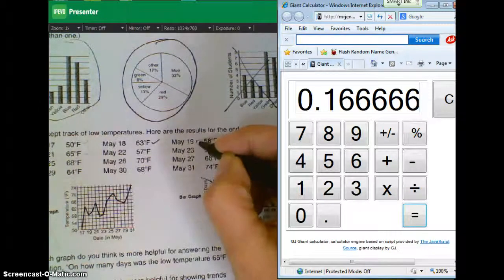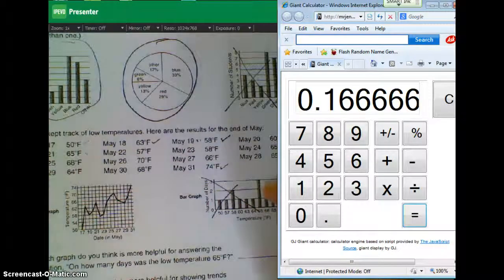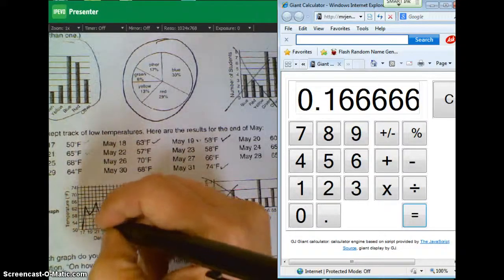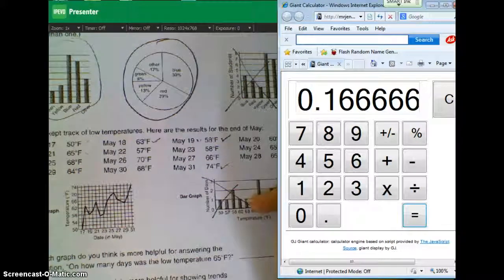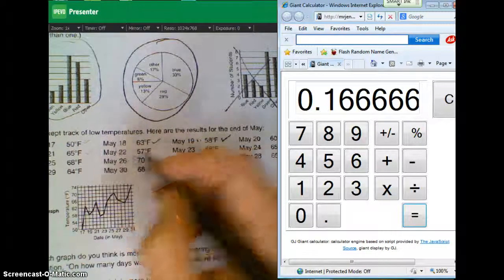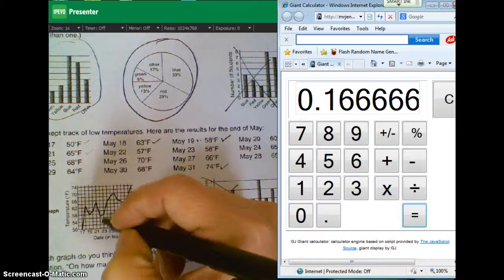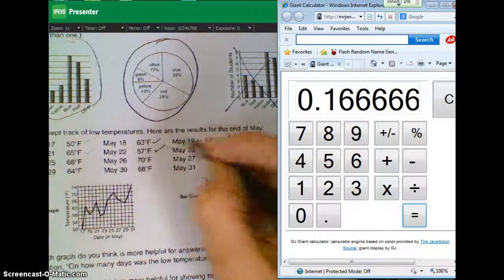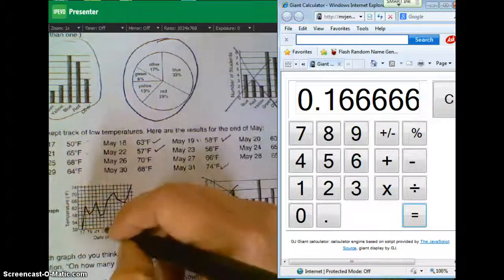Yep, looks good. May 20th, right in between, should be 60 degrees. All right. May 22nd should be 57 degrees. Looks good so far. May 23rd should be 58.